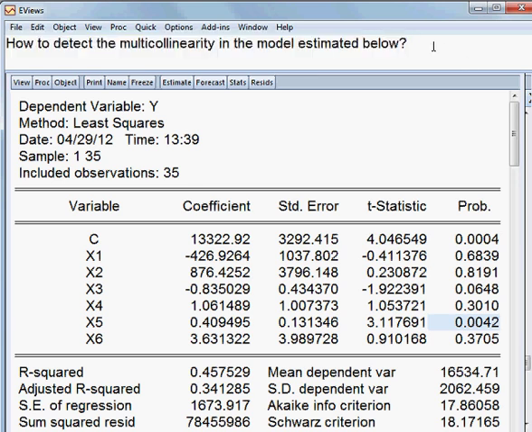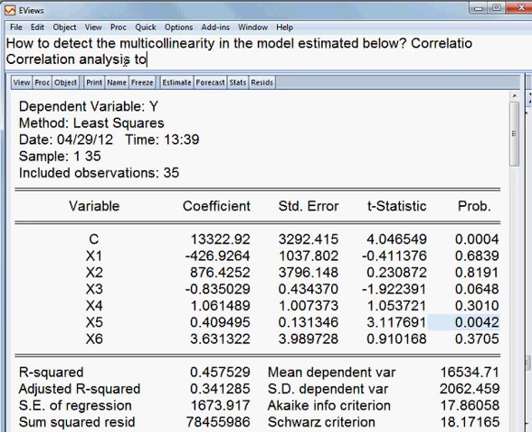To detect it, we have to go to the correlation analysis, to check whether the independent variables are highly correlated or not. And if the independent variables are highly correlated, that means there is a problem of multicollinearity.